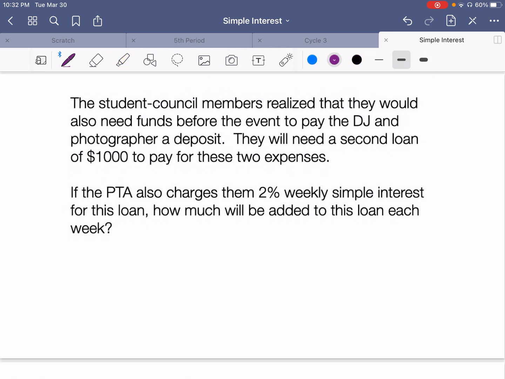Well, again, this is just finding 2% of $1,000, which is 0.02 times 1,000, which is $20.